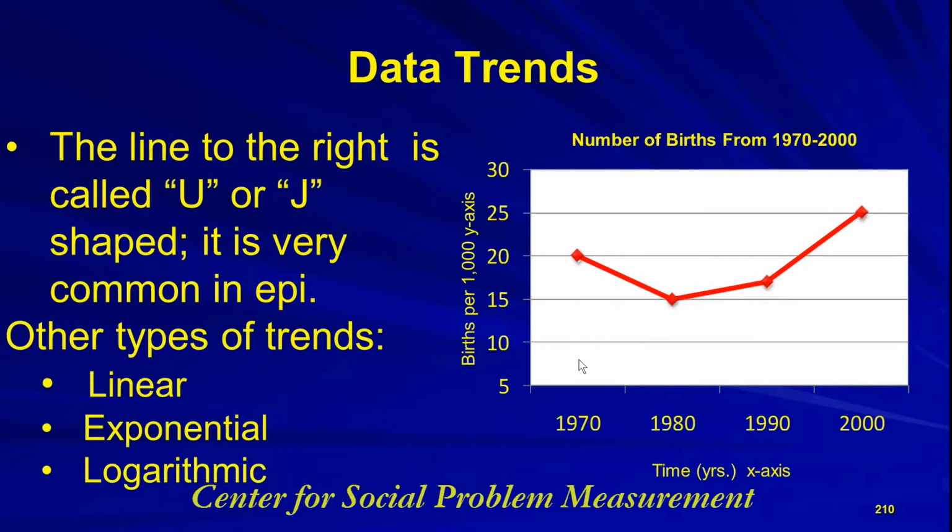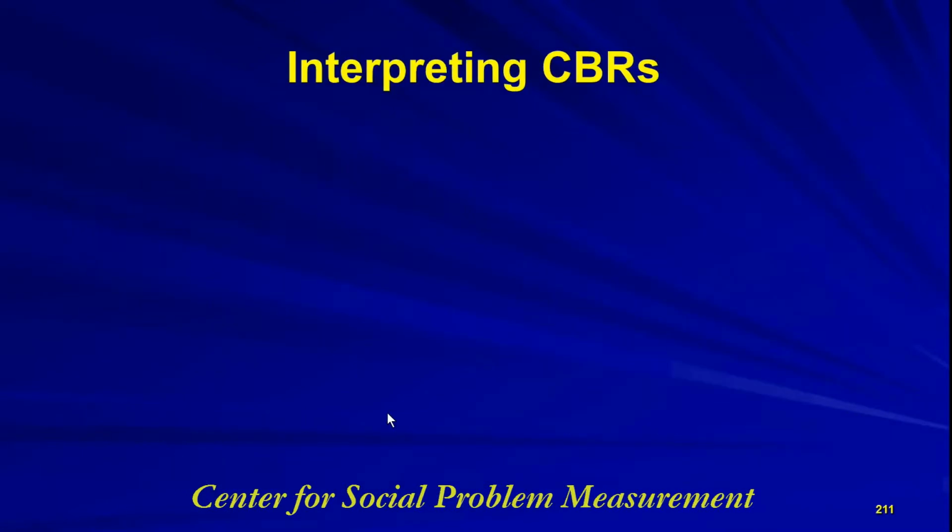There are other trends, a linear trend, which would fit the data, probably goes something like this through the data. There's exponential and logarithmic too. So that's just to give you an idea about these trends.